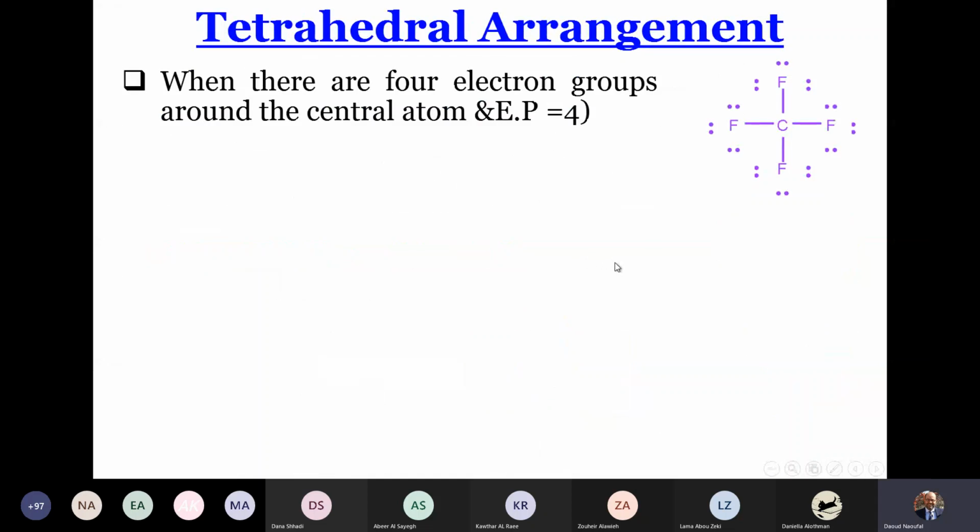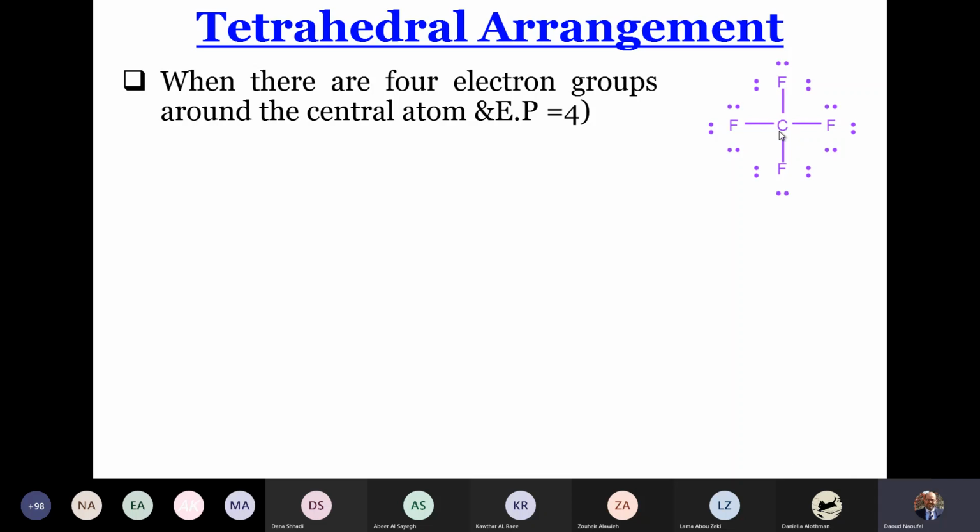We pass to EP equal 4. Consider CF4. We write the Lewis structure, and we find that we have 4 bonding pairs around carbon and 0 non-bonding pairs. So in this case, EP equals 4.